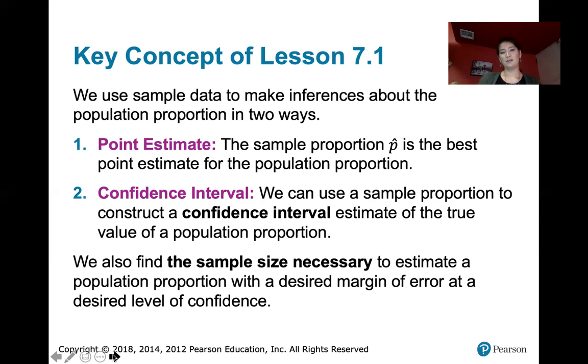So I know how large that interval is going to be, how confident I want to be about my answer, and also what that margin of error should be. If I know that in advance, I can find the sample size necessary to estimate the population proportion to that desired margin of error or desired accuracy at the desired level of confidence.